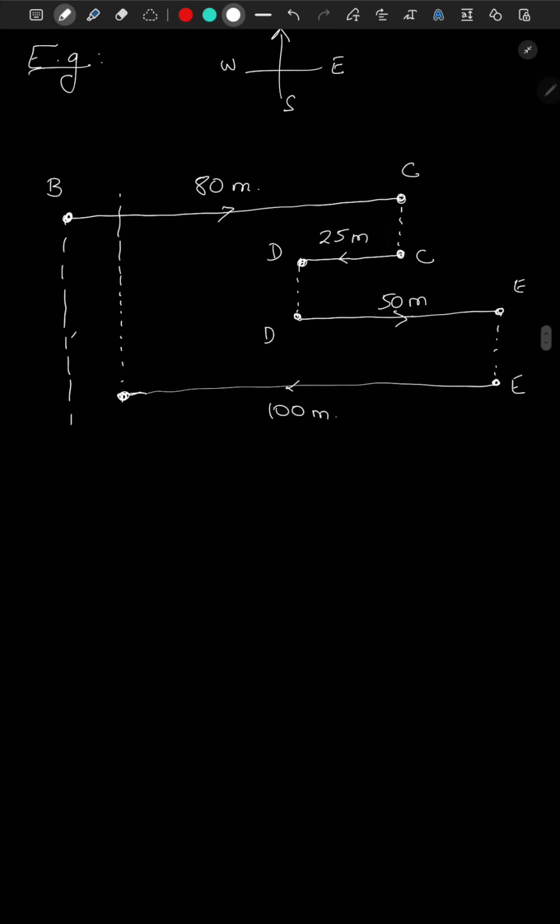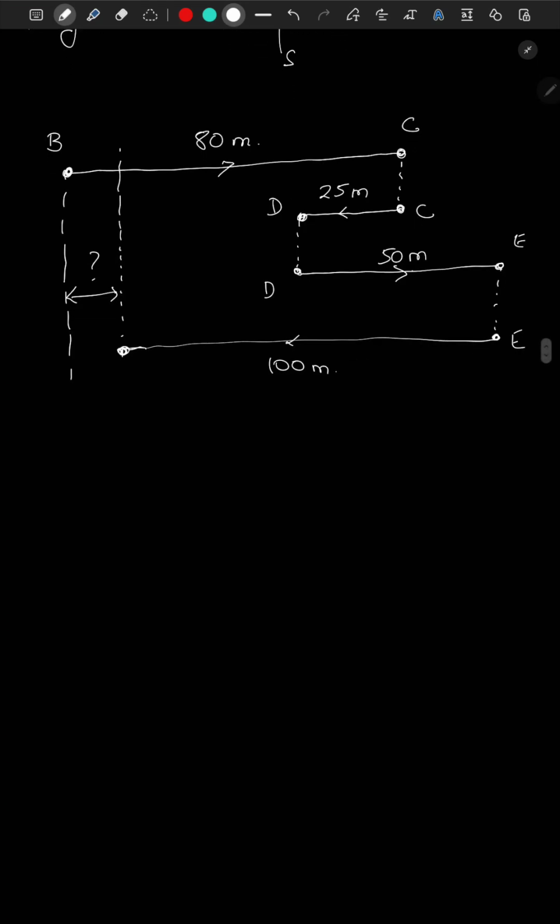Okay, we don't know what the distance is. So you reach point F, which is a stopping point.